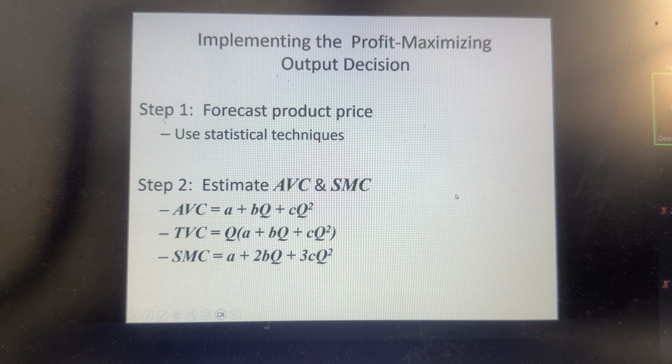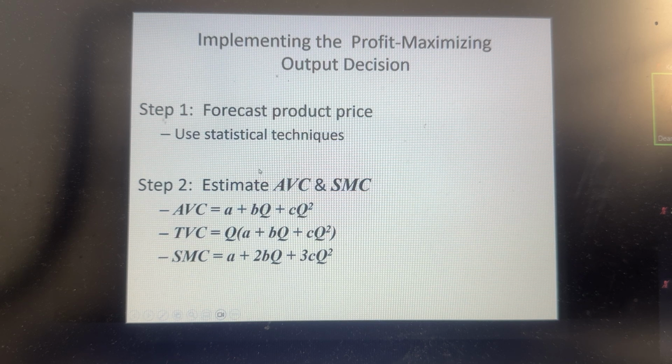Now everything we discussed, this is how you can solve mathematically. So we have to follow a few steps. Step 1, forecast the product price. Actually, for examination purposes, the forecasted price will be given, and then you need to estimate these two, AVC and SMC.